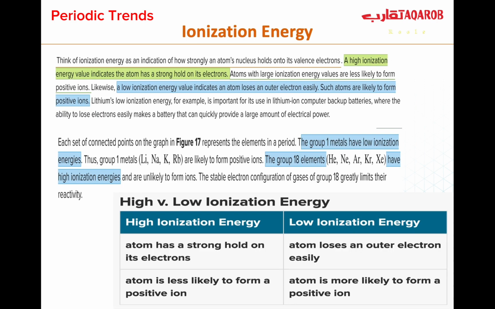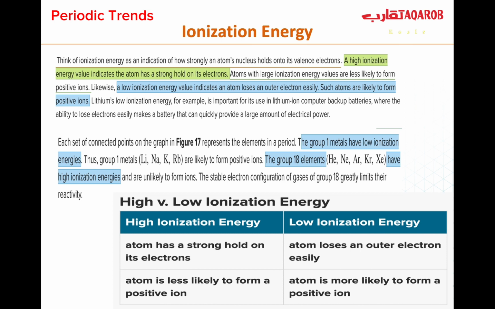Think of ionization energy as an indication of how strongly an atom's nucleus holds onto its valence electrons. So to think about ionization energy, you have to think of it as how strongly the atom holds its valence electrons. A high ionization energy value indicates the atom has a strong hold on its electrons. Atoms with large ionization energy values are less likely to form positive ions.